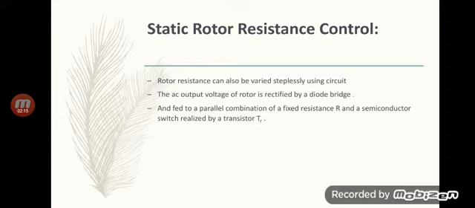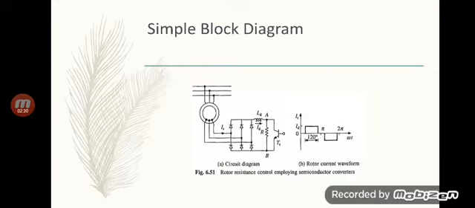The AC output voltage of the rotor is rectified by a diode bridge and fed to a parallel combination of a fixed resistance R and a semiconductor switch realized by transistor TR.